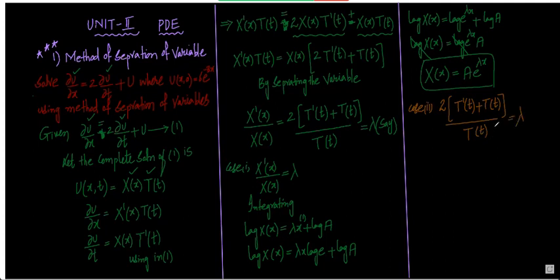Now simplifying this one, is it understandable? Separation of variable method is a lengthy method. Okay, cross multiply t to that side. This becomes 2 t dash of t plus t is equal to lambda into t.